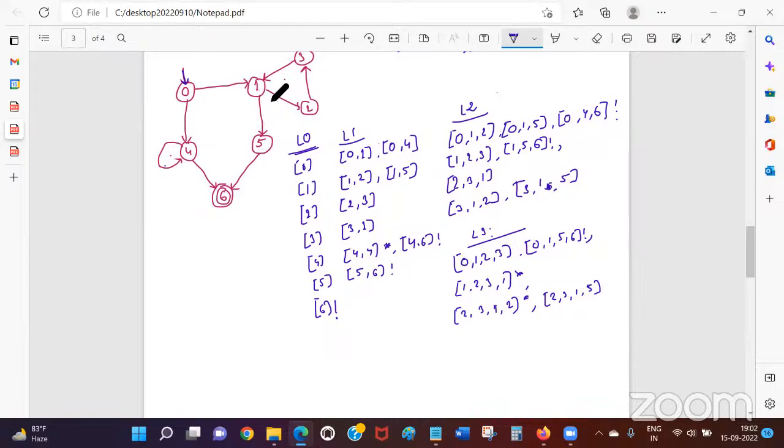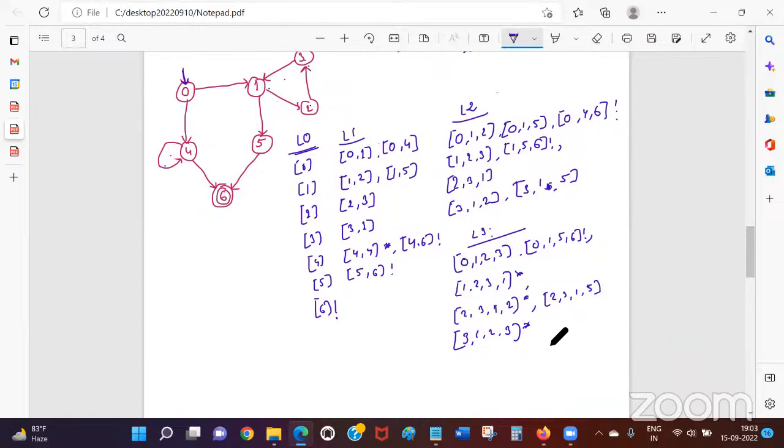Anything more with 2, 3, 1? No, there is nothing. Now I need to check for 3, 1, 2. So with 3, 1, 2, it's again a 3, so it's a loop.